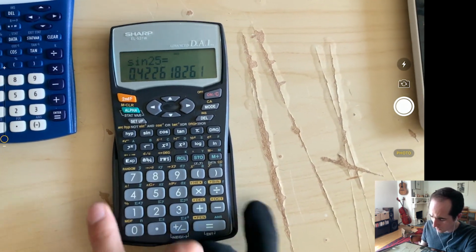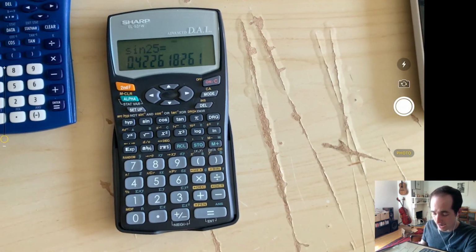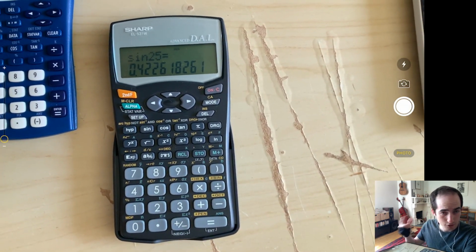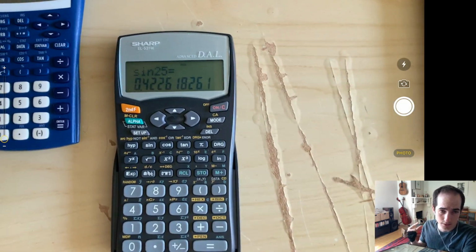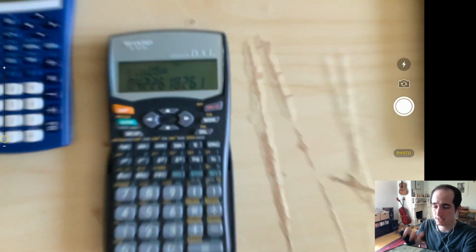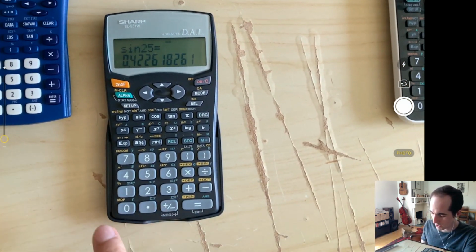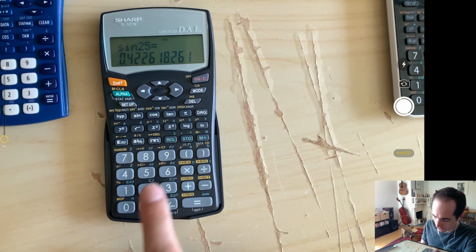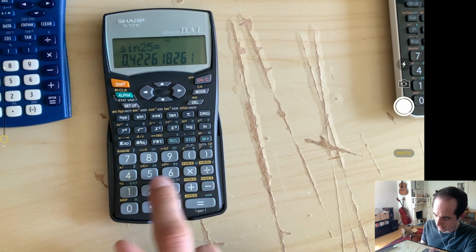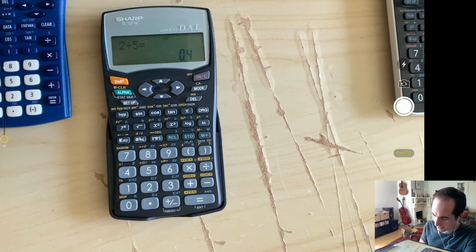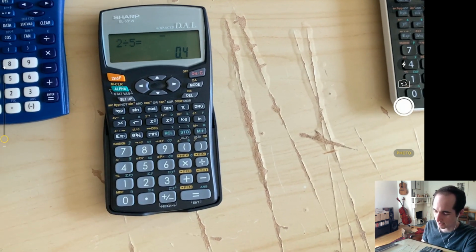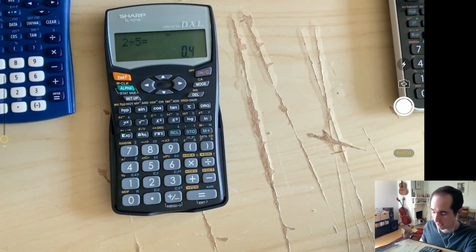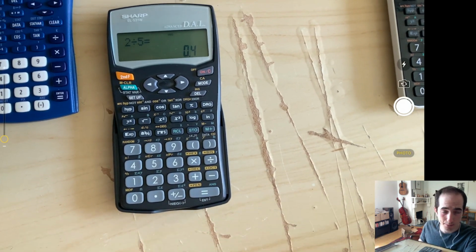Another value that we might want: if we have two sides of a right angle triangle, you can solve for the missing angle. The way you would do that is if you had a ratio like 2/5, where maybe 2/5 is the ratio of the opposite side to the hypotenuse.